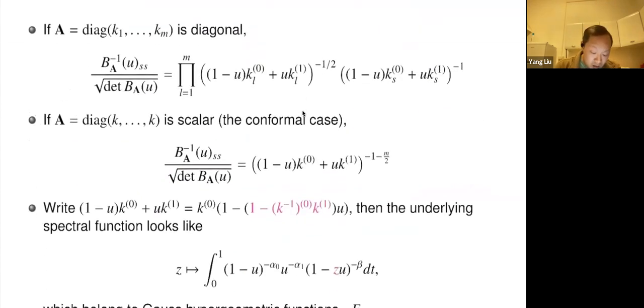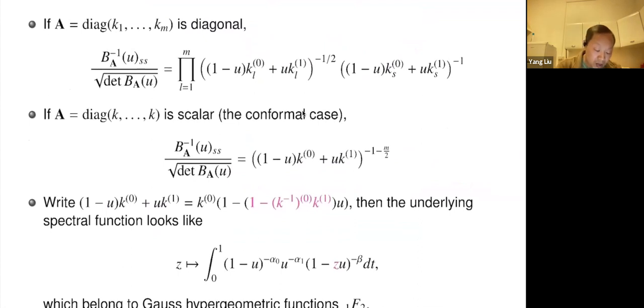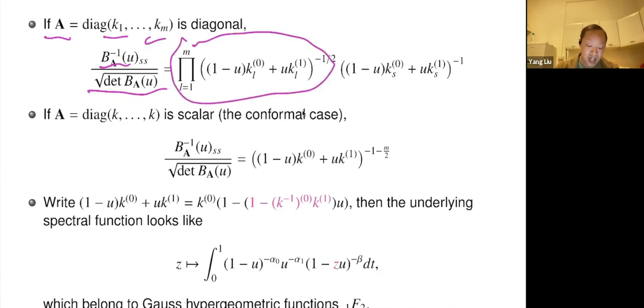For example, if the leading symbol is diagonal, you have these different Weyl factors, K1, K2 along the diagonal. Then I can easily compute the inverse and the determinant. The determinant is the multiplication on the diagonal.